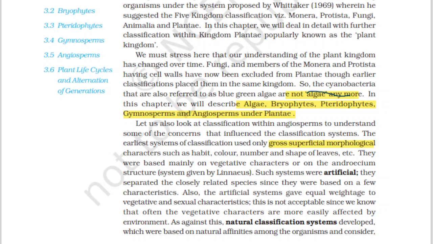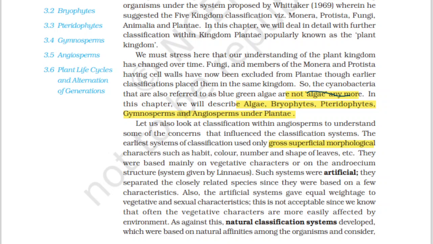Such systems were artificial. They separated the closely related species since they were based on few characteristics. Such systems were artificial, meaning earlier superficial morphological characters, for example, which are based mainly on vegetative characters, are artificial in nature.